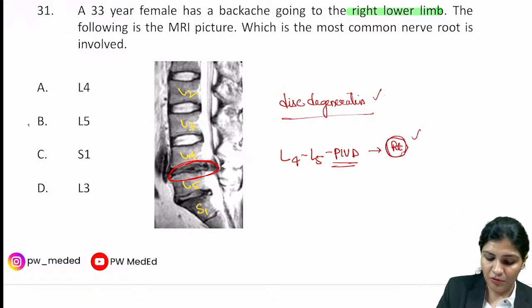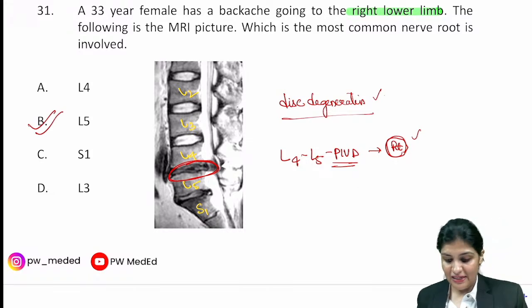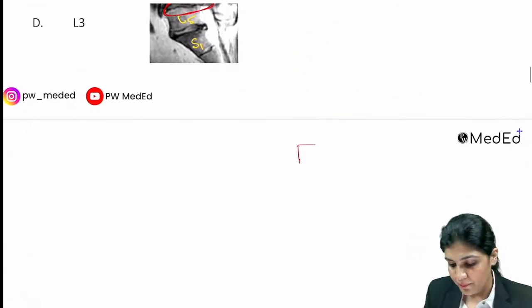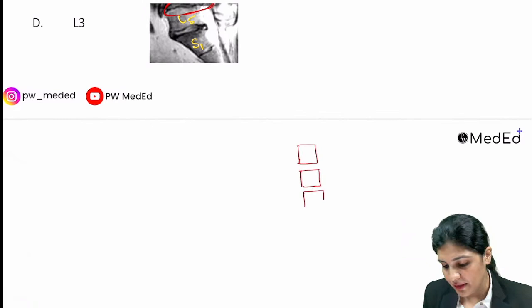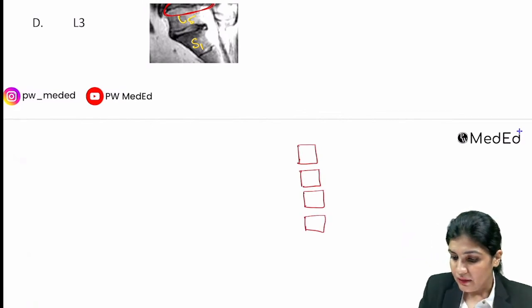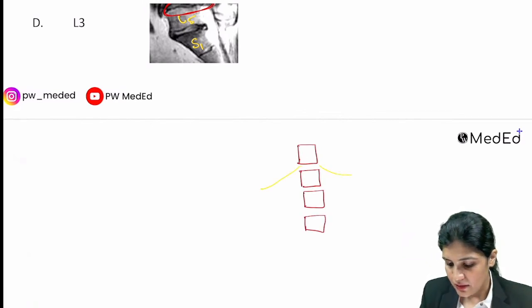So the answer would be L5, because yesterday, if you remember, these are the vertebrae, and here the nerves, something like this, the exiting nerve root, the traversing nerve root.